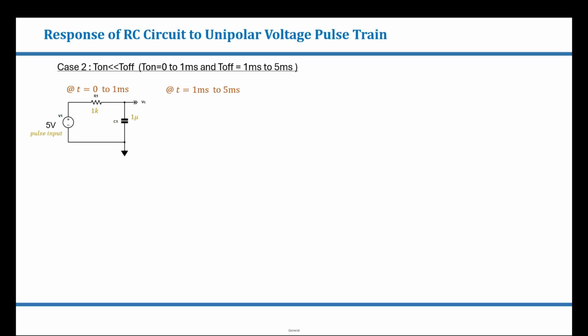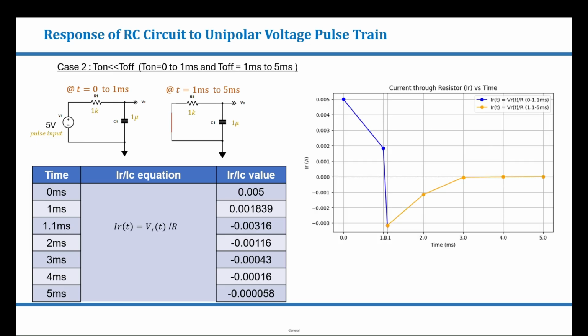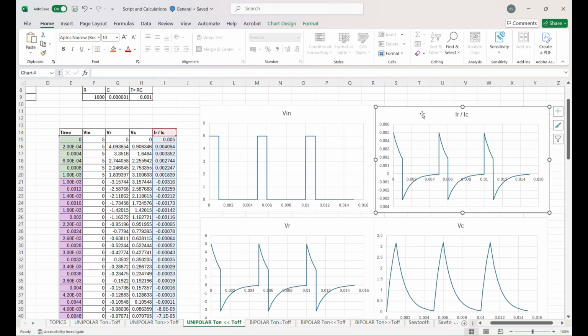Since R and C are in series, the current flowing through the circuit will be equal to VR by R. Now the nature of the graph looks similar to voltage across resistor's graph. Plotting the current flowing through the circuit, we can see that it is similar to voltage across resistor, and it is calculated by dividing VR by R.